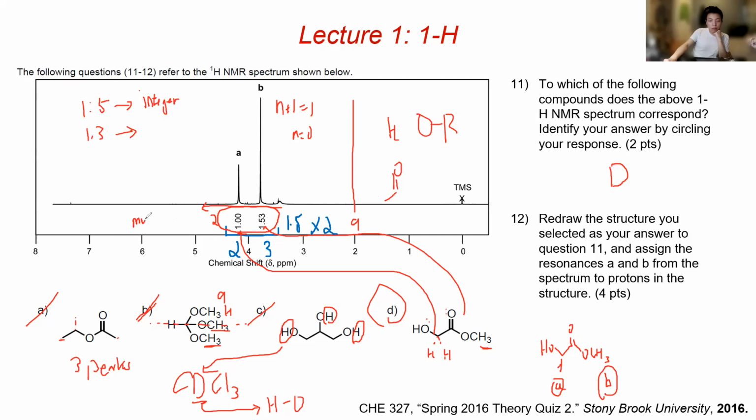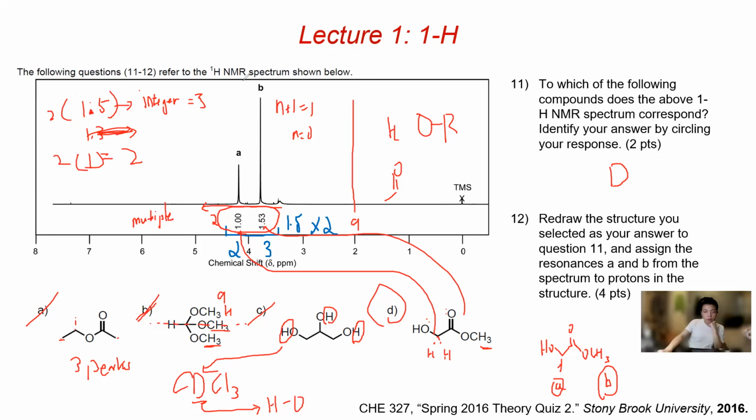Everything here is a multiple. So to get a whole number, you actually have to multiply everything by 2. And back to the question, about hydrogen bonding.